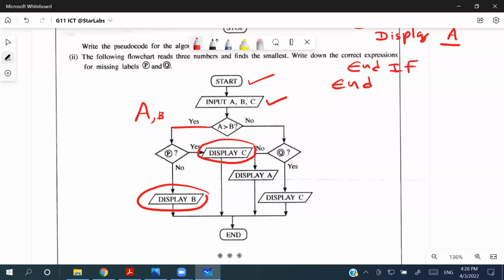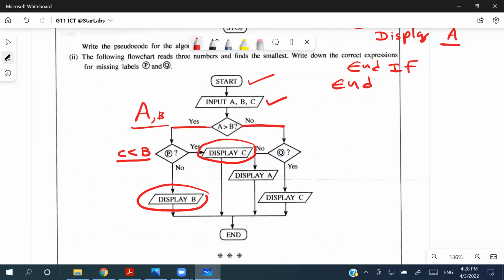That means if we ask the question, C less than B, if it is true, it displays C, because here B is smaller from this point. If we ask the question like this, that indicates C is even smaller than B. So the condition should be C less than B. If it is not, B is going to be the smallest.